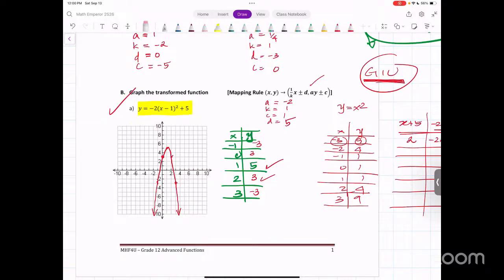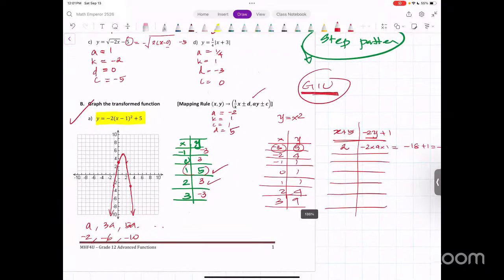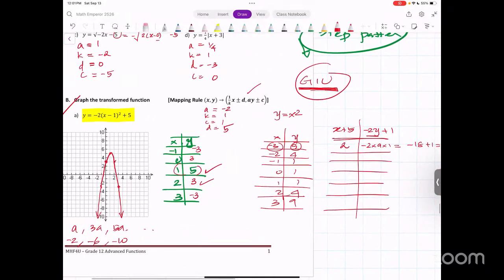A, 3a, 5a, dot dot dot. A is -2, so -2, -6, -10. 1 comma 5 is my vertex. 5 plus -2 is 3, 3 plus -6 is -3. Okay, I'm going back to see what's going on, because my point is -3, 9.